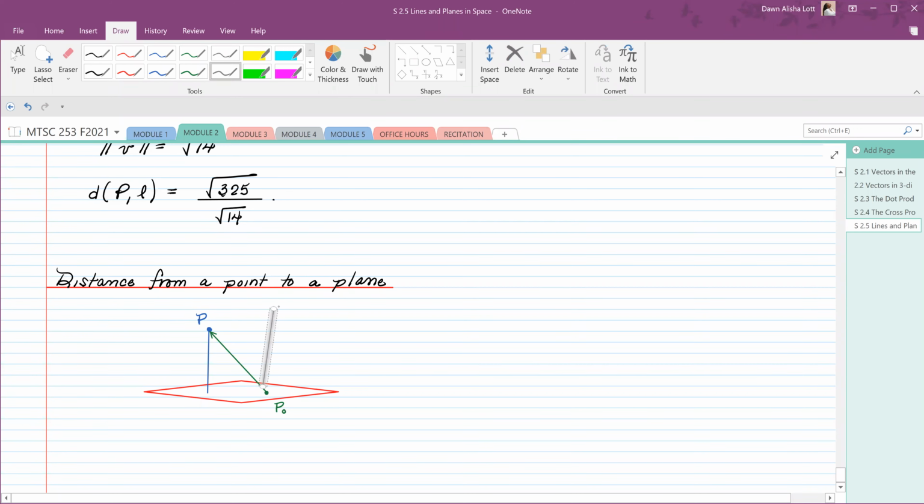So here is the normal vector to the plane. And this is the normal vector. Okay, so now I'm going to look at the angle between these two. I'm going to call it theta.